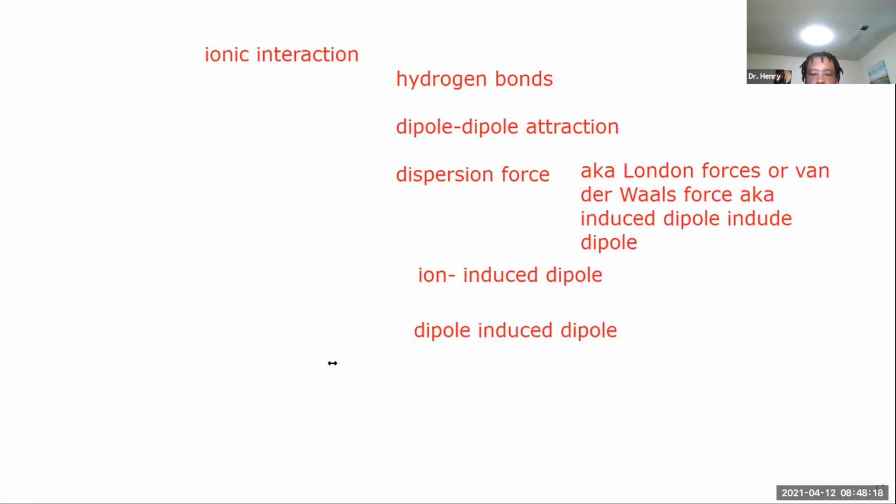We have ionic or ion dipole. So that's kind of like salt and water, right? Na plus, Cl minus, and then you have water that's interacting with both, because remember, water is a home wrecker. So we'll have H here, O here, H here.